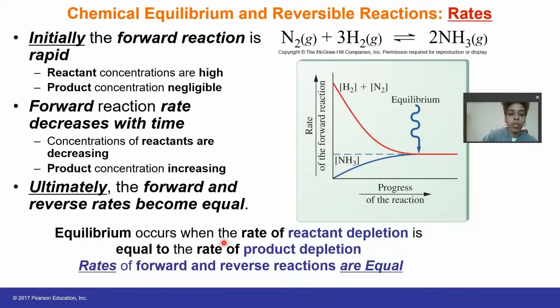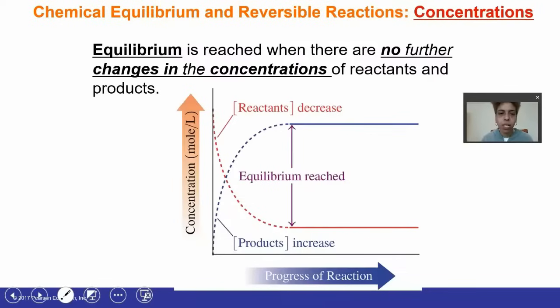So equilibrium occurs when the rate of reactant depletion is equal to the rate of product depletion. The rates of forward and reverse reactions are equal. So when the rates of reactants forming products and using up reactants is equal, we're at equilibrium. Another way to look at equilibrium is when there are no further changes in concentrations.